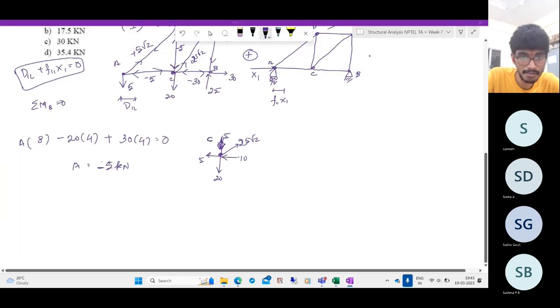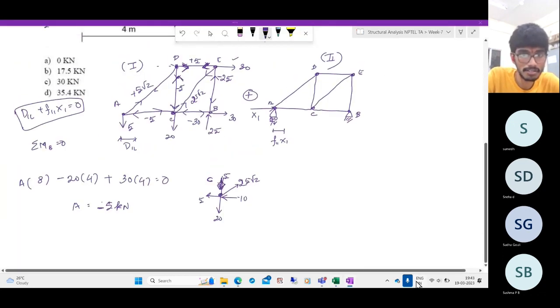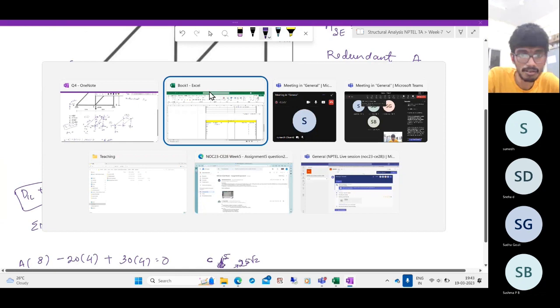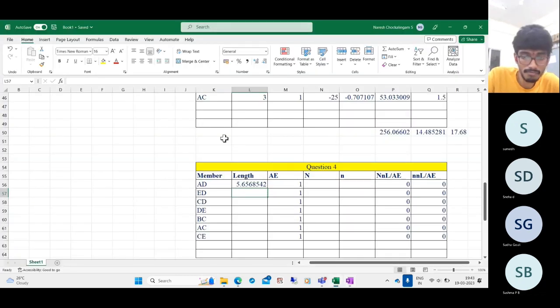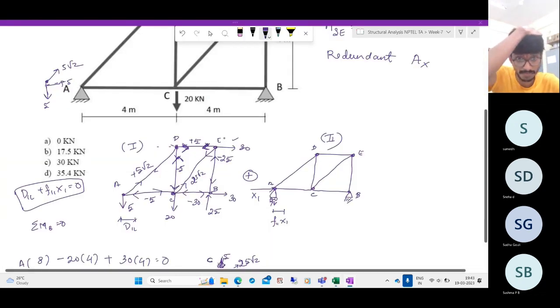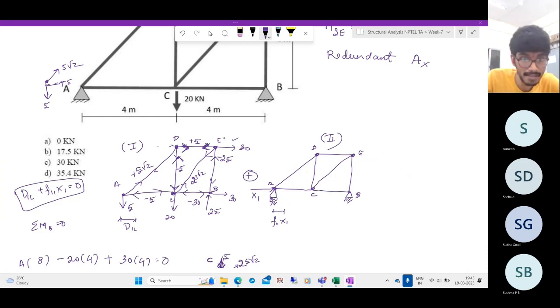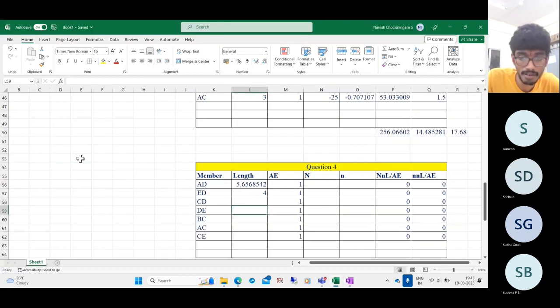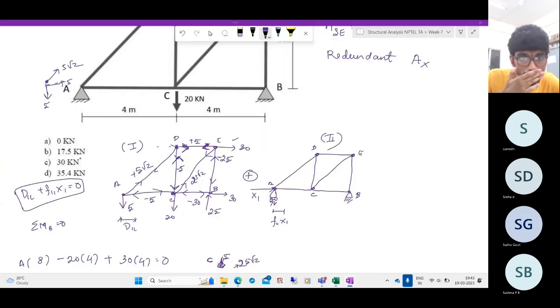Next one is ED. What is the length of the member ED? It is 4. CD. CD is vertical, so again it is 4.